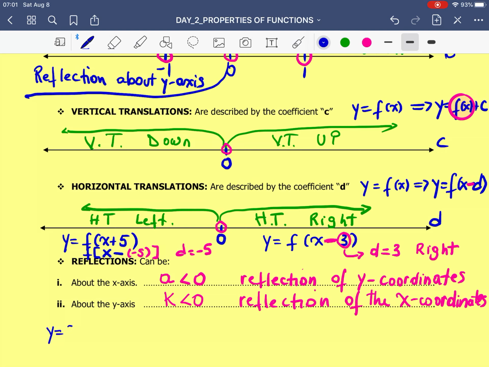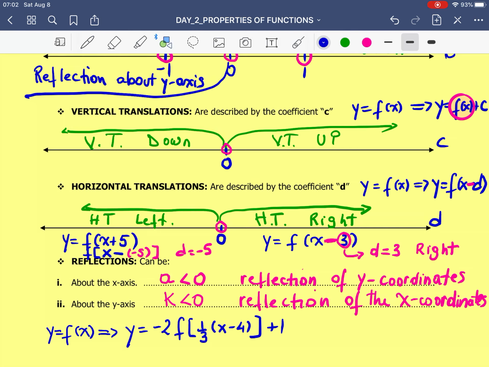So pretend that we have some parent function y equals f of x, and we have transformed it and made it into y equals a, I'm going to give that a value here, well, negative 2 f of 1/3 x minus 4, and then plus 1.